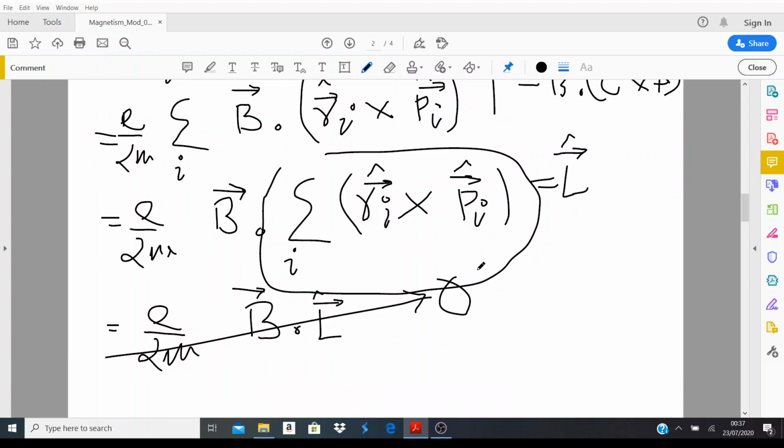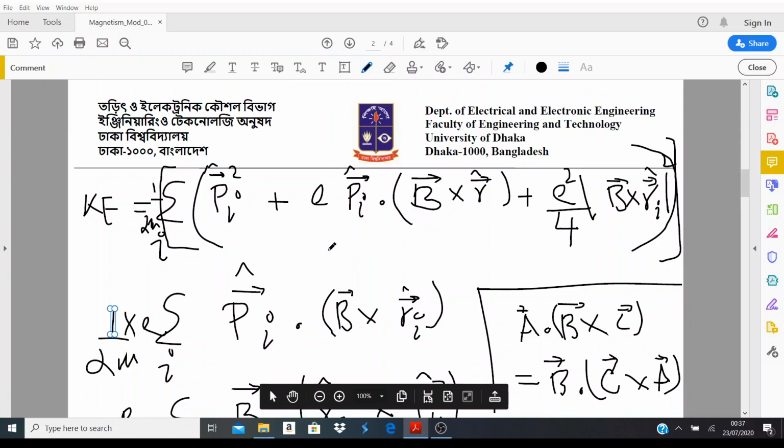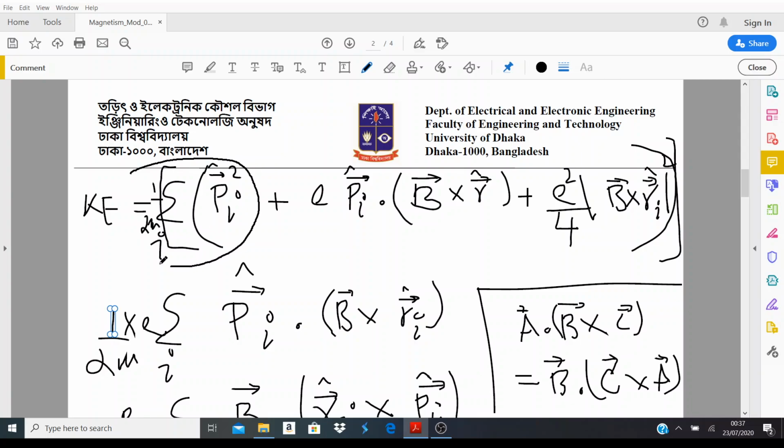That's the important point we need to understand. That's why I was repeating the same thing again and again, so that we understand we can set it to 0. Now you can see this middle term is gone. The first term is p_i squared, summed over, an ordinary term which is the kinetic energy of the ith electron. We don't care much about this term. So what is the term left?